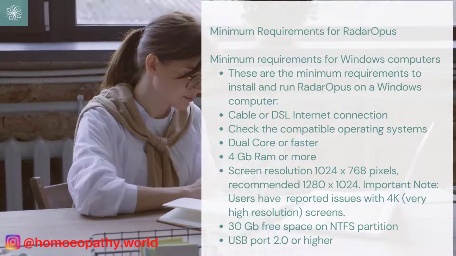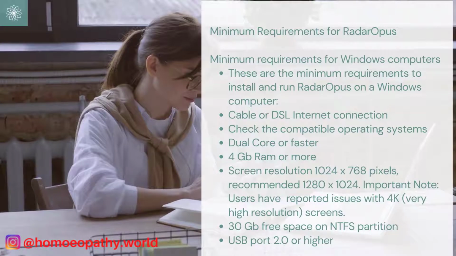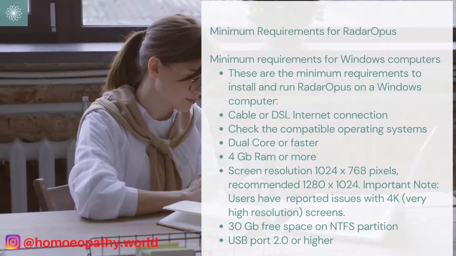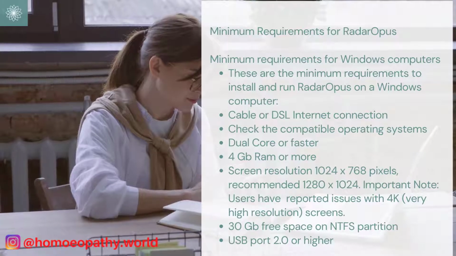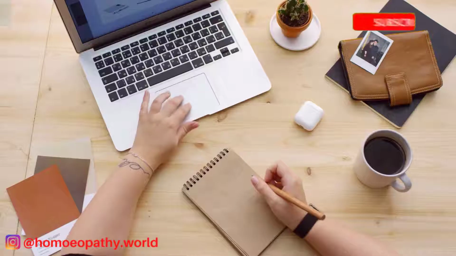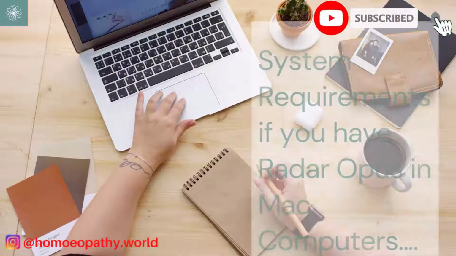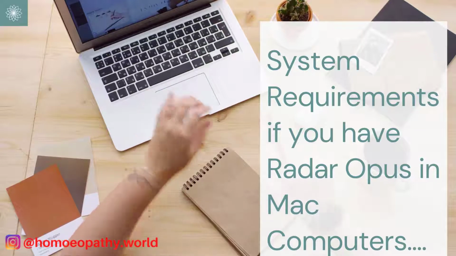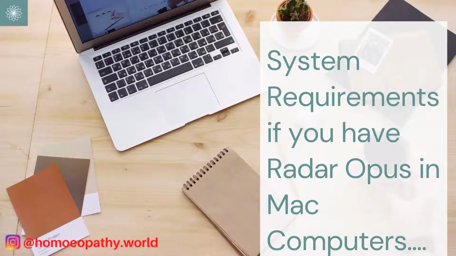However, users who have been using 4K have reported some issues with the screen. 30 GB free space on NTFS partition and USB port which is 2.0 or higher. So these were the minimum requirements for RADAROPUS for Windows computers.